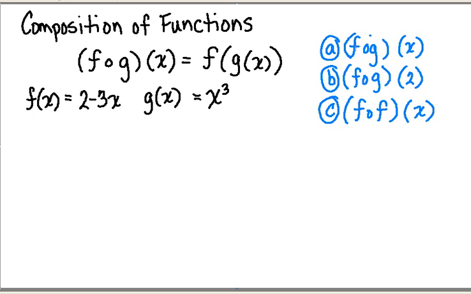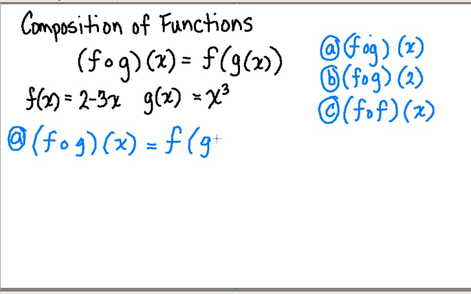The first one is if I want to compose f of g. So part A is if I want to say f of g of x. And again, I'm just rewriting it from above.